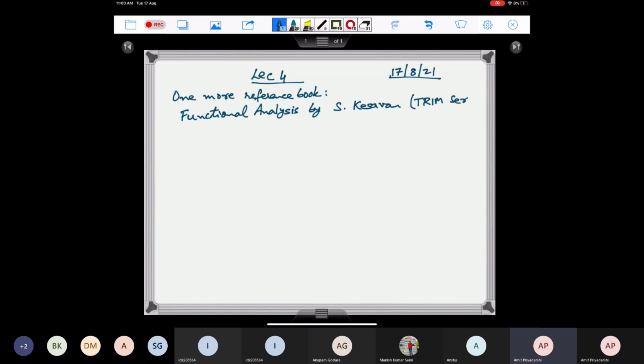This is in the Trim series of books. This is again a good book, and it will be sufficient for this course.